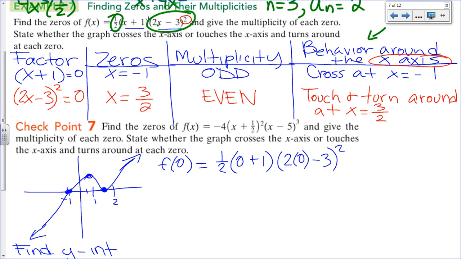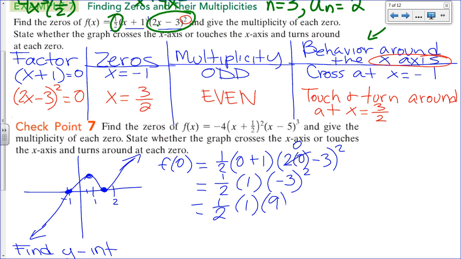So in this case, first we do what's inside the parentheses, so it will be 1/2. 0 plus 1 is just 1. 2 times 0 is 0. 0 minus 3 is -3. Now we're going to do what's inside the exponents. So that will be 1/2 times 1 times 9. So in this case, we will have 9/2.